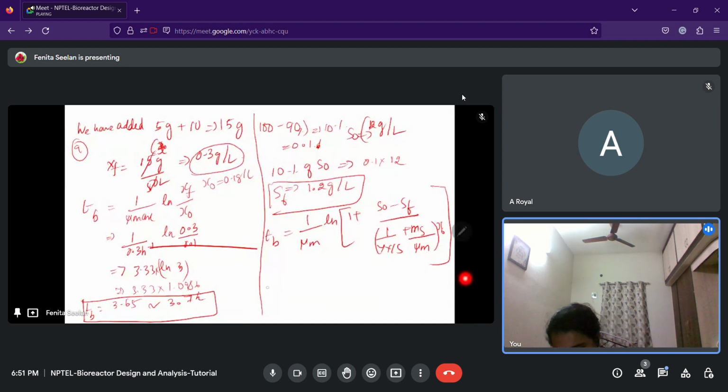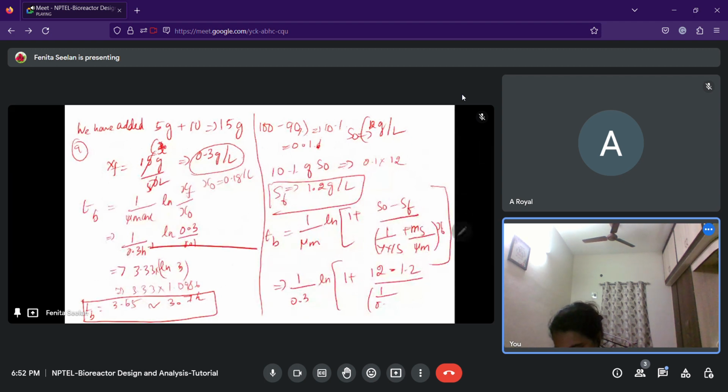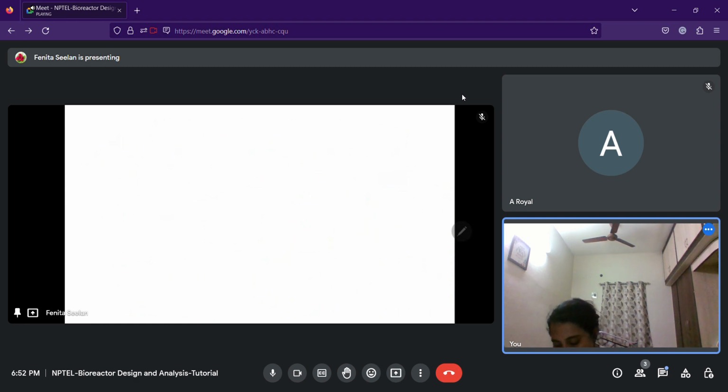So if we start solving it, it would be 1 divided by 0.3 ln of 1 plus S naught, which is 12, minus SF, which is 1.2, divided by 1 by YXS, which is 0.06, plus MS, which is 2.2, divided by mu max, which is 0.3, into 0.1. We solve this.